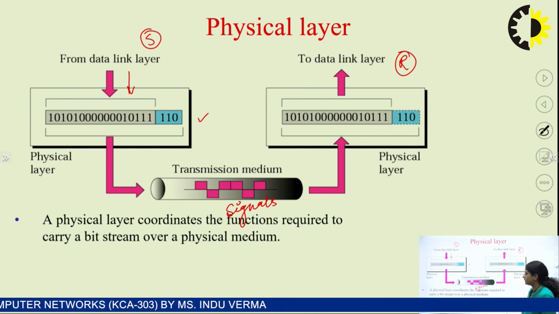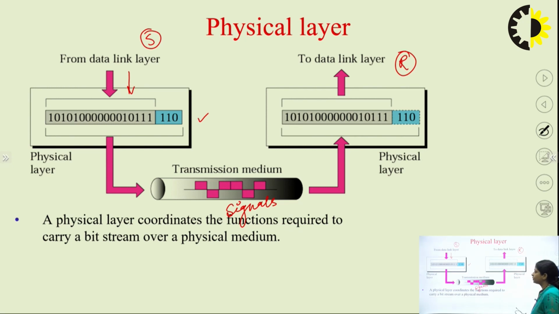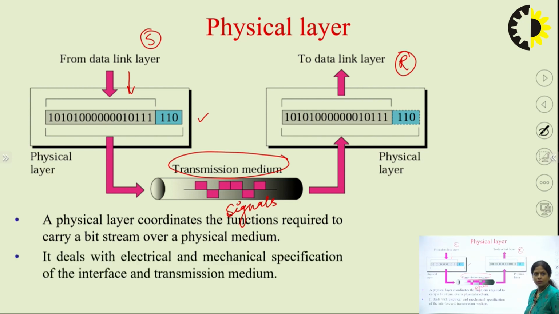So simply we can say the physical layer coordinates the functions required to carry a bit stream over a physical medium. Here we require some sort of transmission medium or physical medium. It deals with the electrical and mechanical specification of the interface and transmission medium, right.